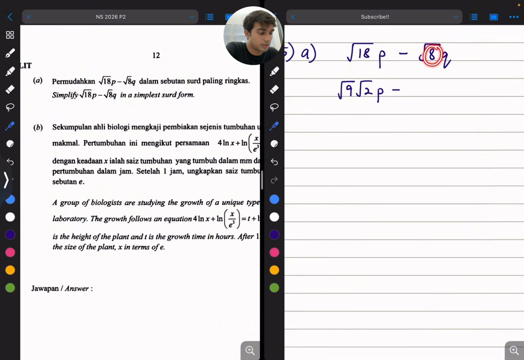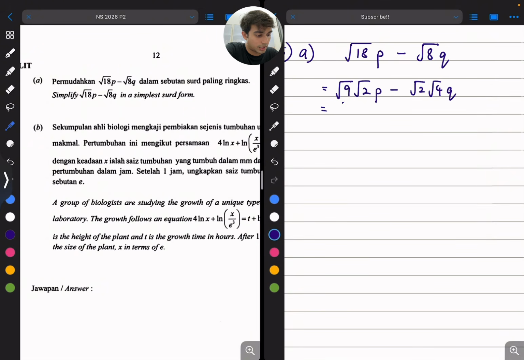8 on the other hand can be 2 times 4, can be 1 times 8. Surd 2 cannot, surd 4 can. Surd 1 can, but doesn't make any difference lah, because you're going to get surd 8 anyway. So this one cannot. So surd 8 is surd 2 times surd 4. So surd 9 is 3.